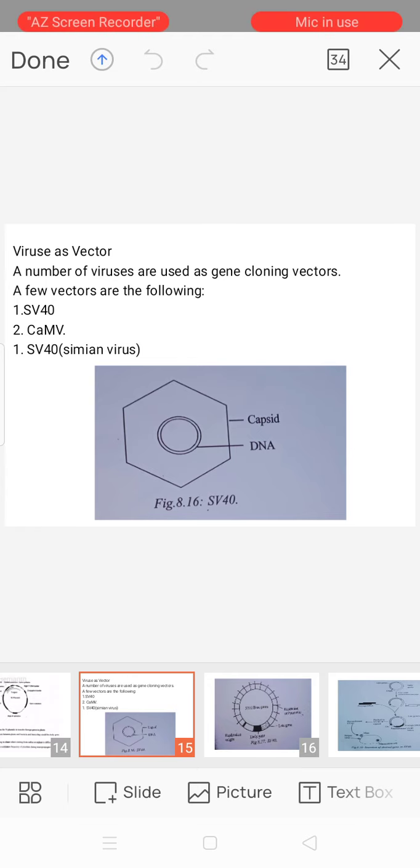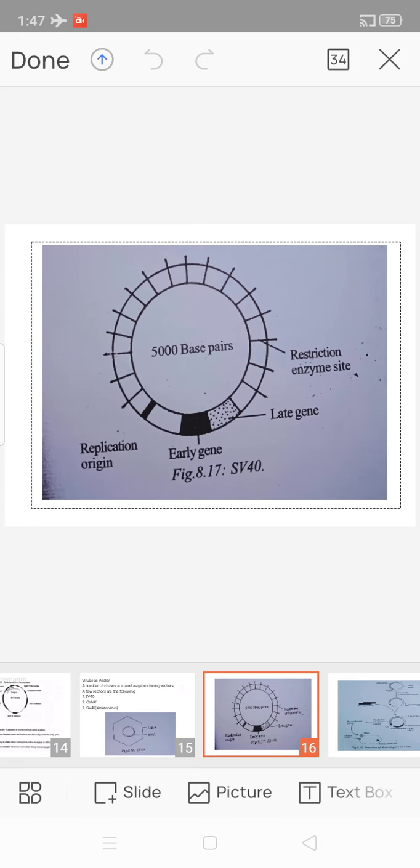It causes cancer in rodents, so it is an oncogenic virus. It is used to introduce foreign DNA segments into mammalian cells. So it is used as a cloning vector in animals.